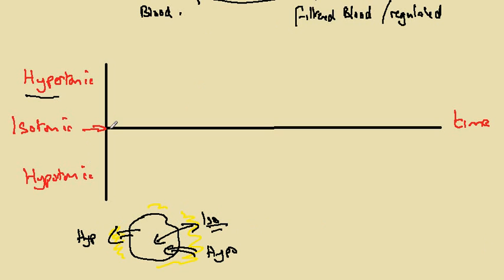Because of changes in the internal environment, the input to the hypothalamus may be that blood becomes more concentrated. It would be rising on our graph here like this.